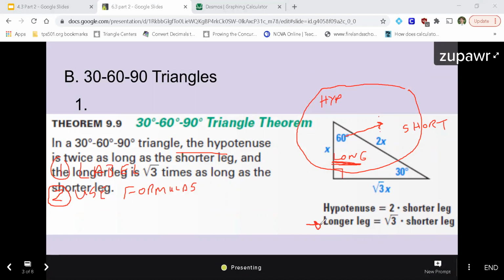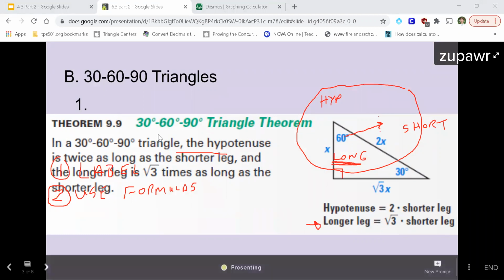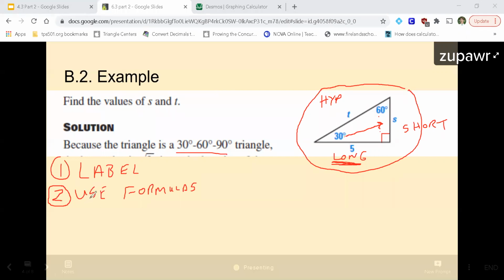That's the second one. So we will have to start with this formula. The longer leg is equal to the shorter leg times the square root of 3. Okay, so this is the formula that we have to use.